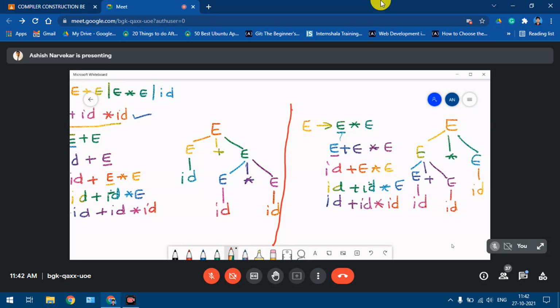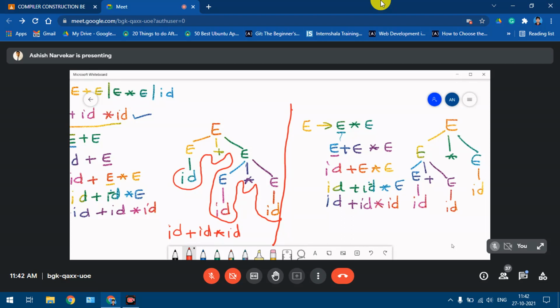Now the thing over here is, I'll just mark it. If I just try to trace it, it will be like this. If I make a note of this particular string, it is ID plus ID star ID.